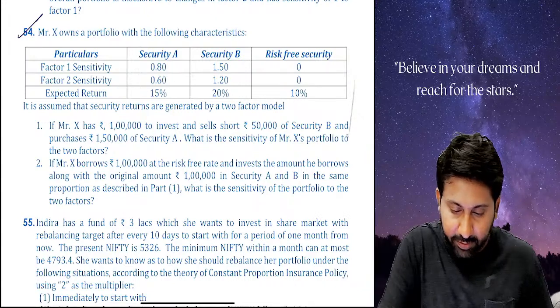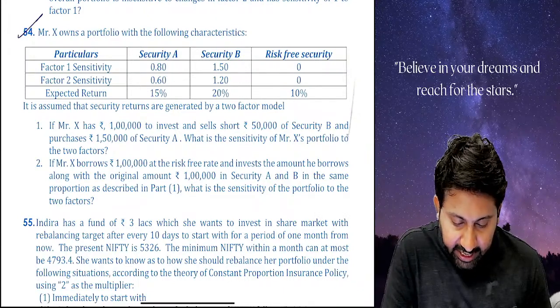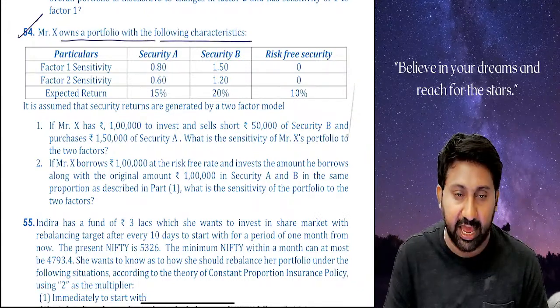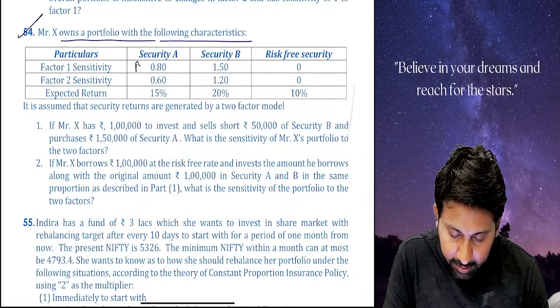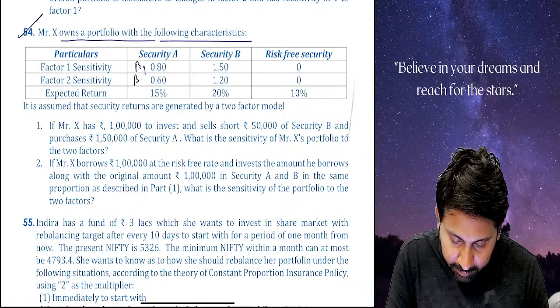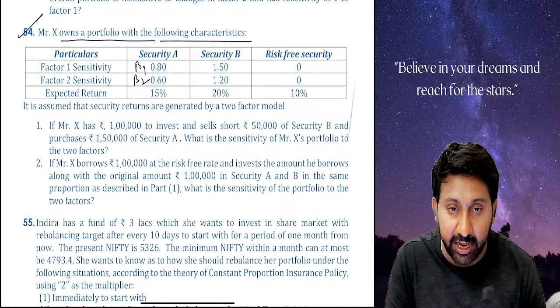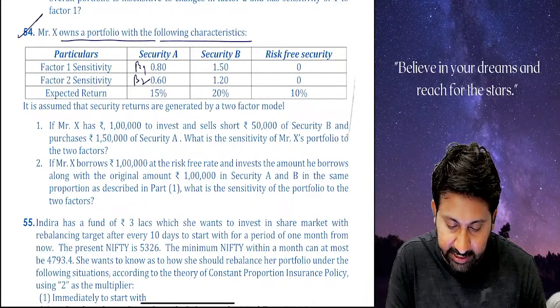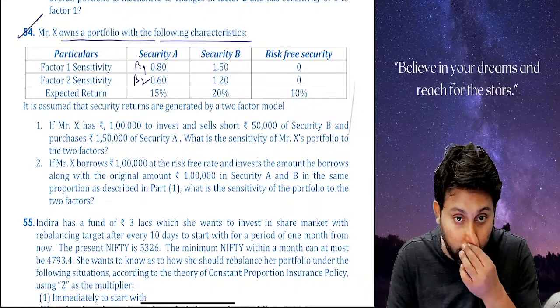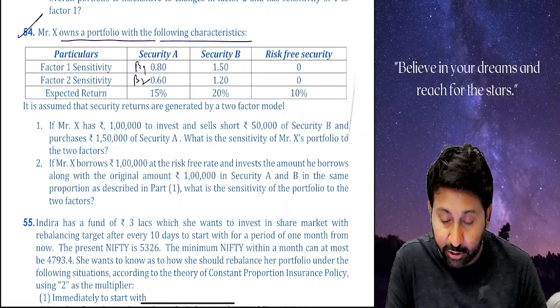Listen carefully to what they have done. Mr. X owns a portfolio with the following characteristics. Factor 1 sensitivity means beta. Security A has beta 1 of 1.8, and security B has beta 1 of 1.5. Security A's factor 2 beta is 0.6, and B's factor 2 beta is 1.2.